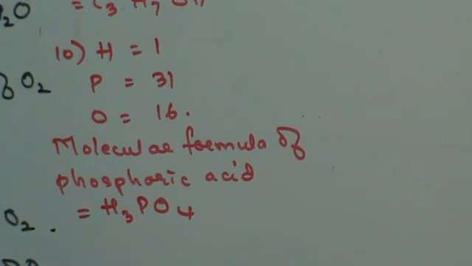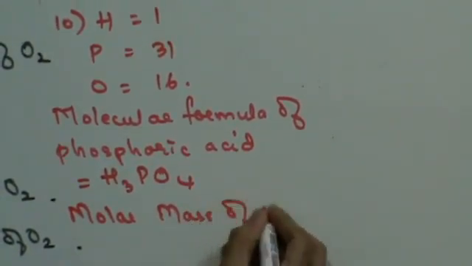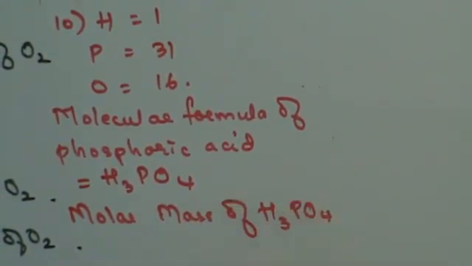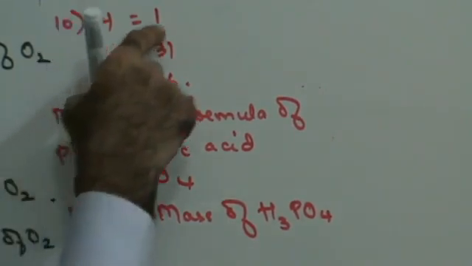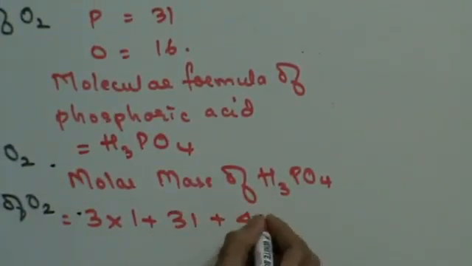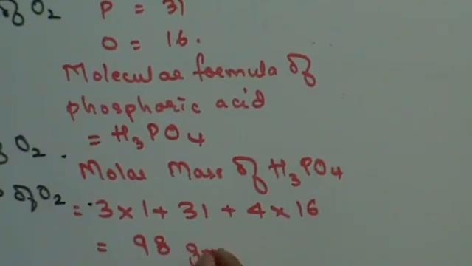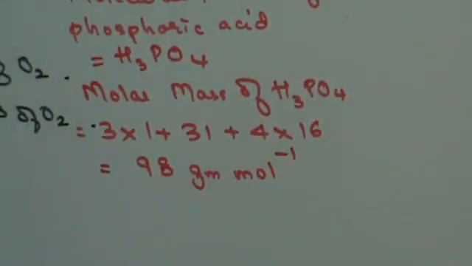Once you have this, then you can find out the molar mass of phosphoric acid. How do I find out the molar mass? You have 3 atoms of hydrogen. Each atom of hydrogen is 1. You have 1 atom of phosphorus. You have 4 atoms of oxygen. When you solve this, you should get 98 grams per mole. That's my molar mass.